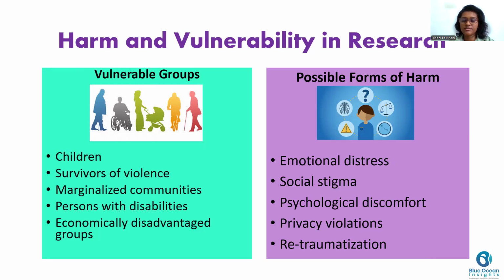Then, for example, if a study reveals sensitive information about a specific neighborhood, it could lead to social stigma or even lower property values for that community. So that is a social harm. So we should ensure that these harms are not present or not possible in our research, due to our research.